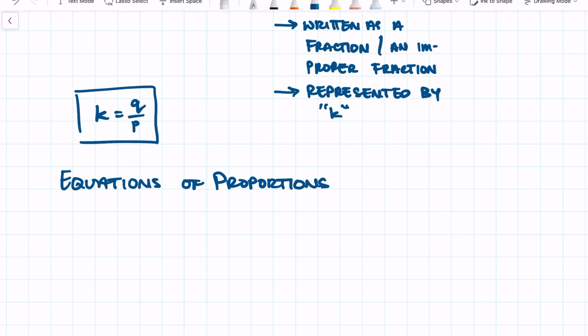If you remember that P and Q are equal to the ratio, so let's say P has a certain ratio to Q and K is the constant of proportionality, we could put this all together into one nice little equation.